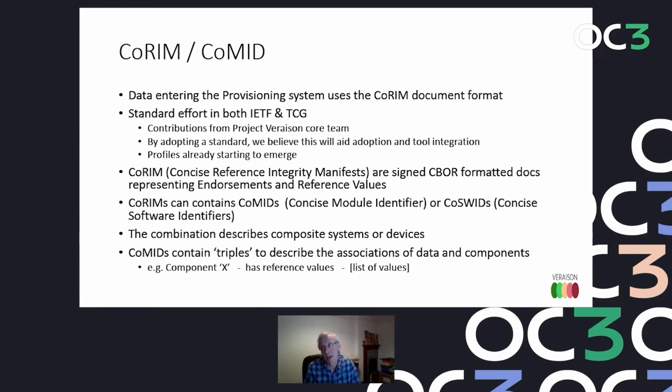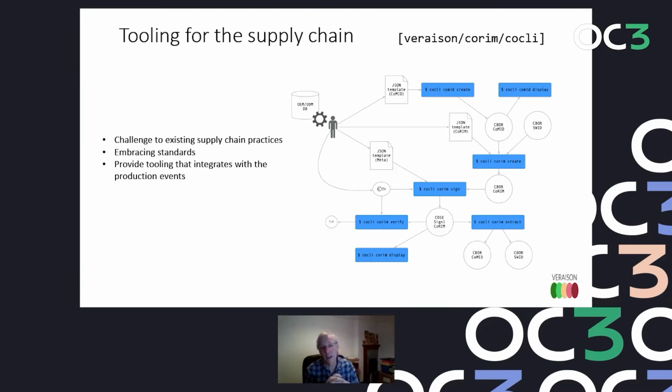And we think that it's going to make it easier over the medium to long term if we work with a standard rather than having to try and transform stuff from a custom form. That's helped by some work that's been done. There is a CLI which has been produced to help with this. It makes it easier to build the CoMID type pieces, and that can be found in its own repo in the Veraison project.